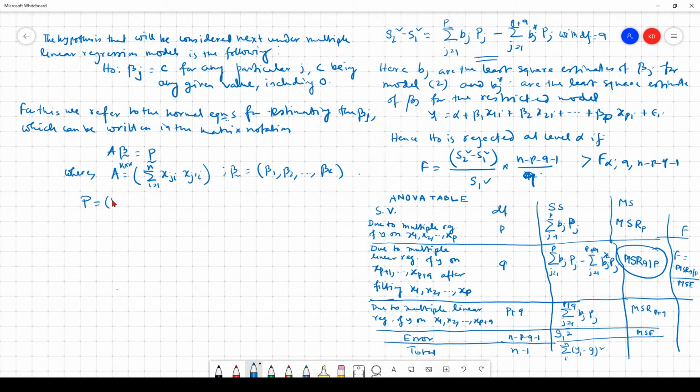is equal to P1, P2, Pk with Pj equal to the sum over i from 1 to n of x ji yi. It is Pj, not Pi.